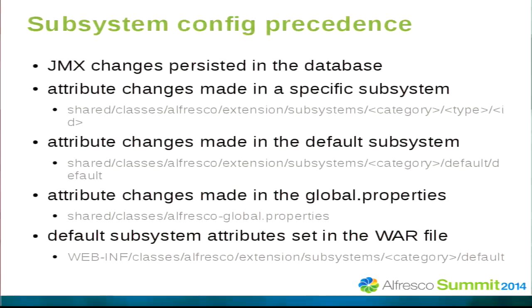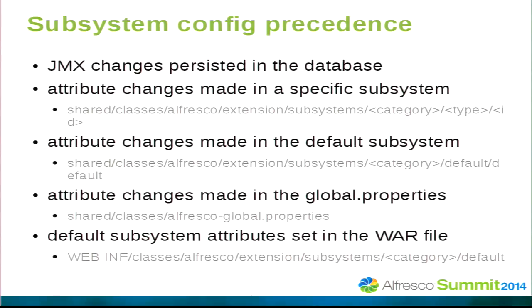Just a bit about the subsystem config precedence, which sometimes trips up some people. As I mentioned, all the changes you make in the JMX take precedence over everything else. Then it is the stuff that you've configured in the extension directory. So you can have shared classes extension subsystems and create your own config there, so you don't have to put it in the WAR or in an AMP.